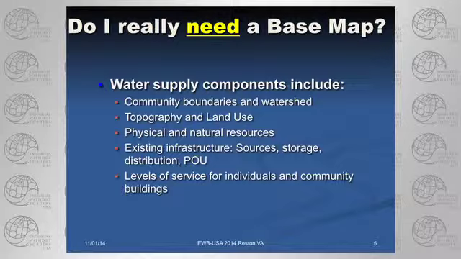Then the topography and land use is really important. The topography, of course, if you're hopefully considering some sort of gravity-fed option to avoid the operational element of any kind of pump, you need to know that elevation information. Starting with the basic topography might be enough for your whole design, but it at least can help orient you and show you what follow-up surveying you might need. It identifies the physical and natural resources.